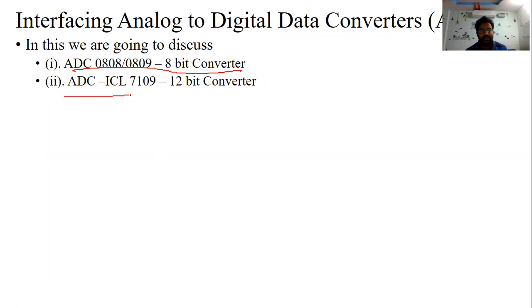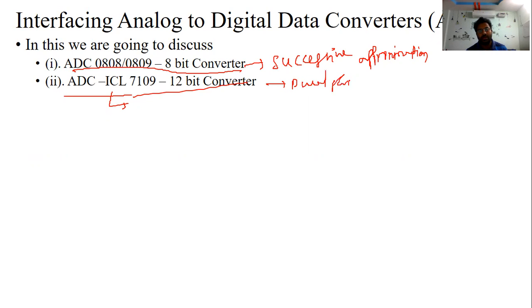Then the ADC ICL, that is Intersil 7109, a 12-bit converter. The 0808 can use the successive approximation technique, and here you can use the dual slope integration technique.